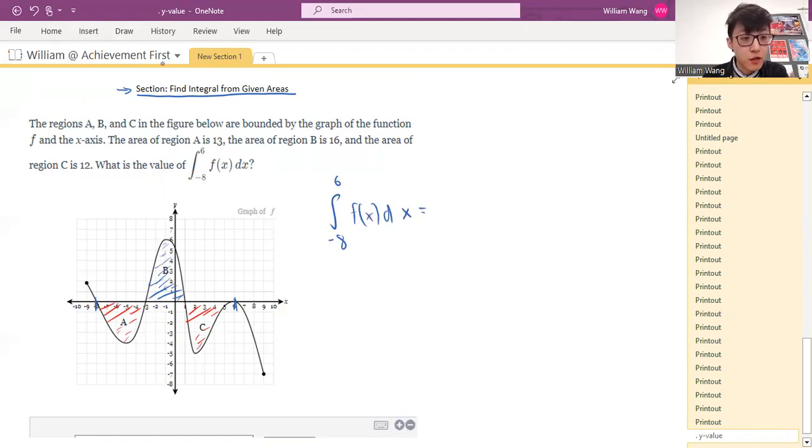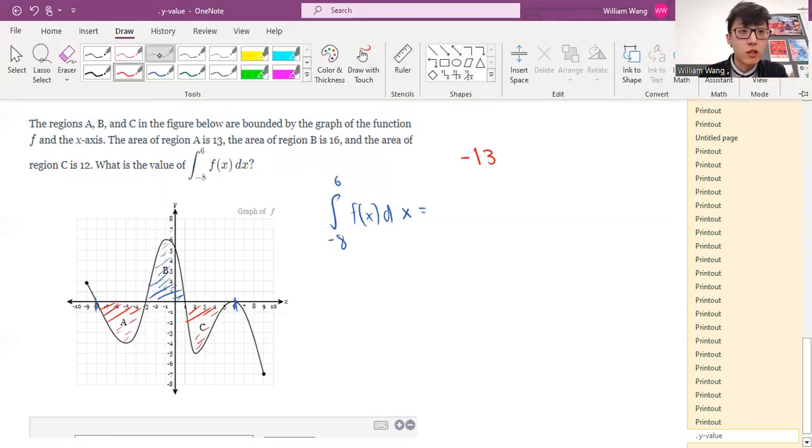let's think about this. First, I'm going to add area A. Now, area A is 13, right? However, it is -13 actually, right? Because the area is below the curve. Cool.